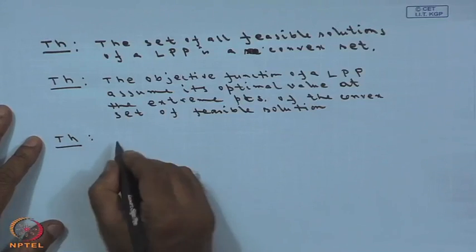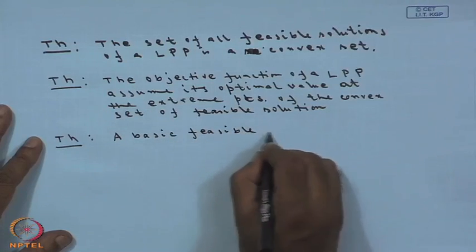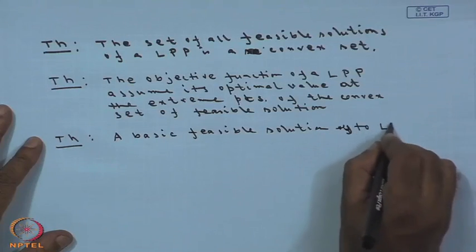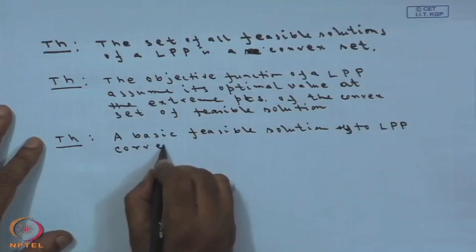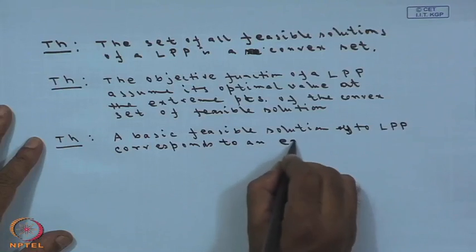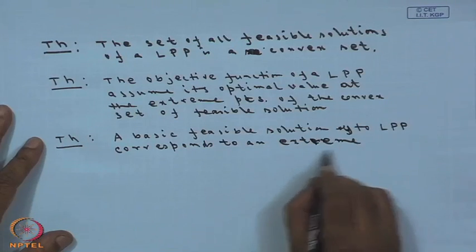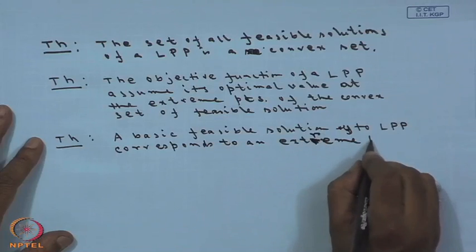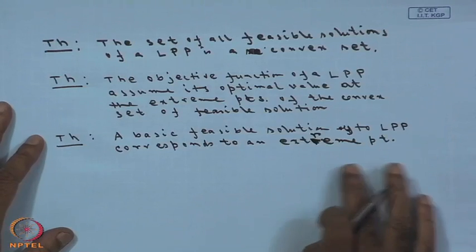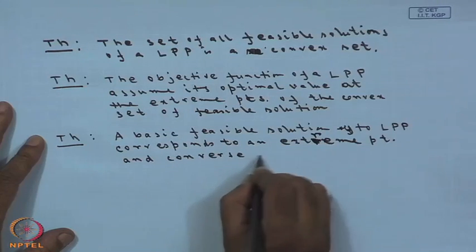The next theorem says a basic feasible solution to LPP corresponds to an extreme point of the convex set of feasible solutions, and the converse is also true.